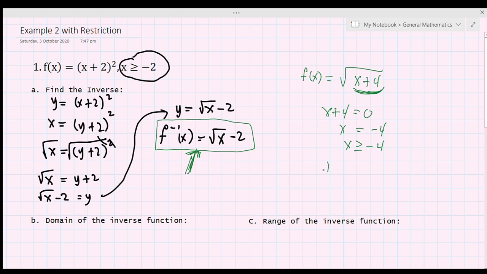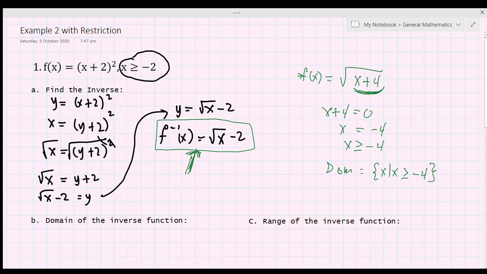And also the domain of this function will be equal to x such that x must be greater than or equal to negative 4, because as we plug in the values of x here inside this radical, hindi po tayo magkakaroon ng imaginary number because we restrict the domain at x is greater than or equal to negative 4.